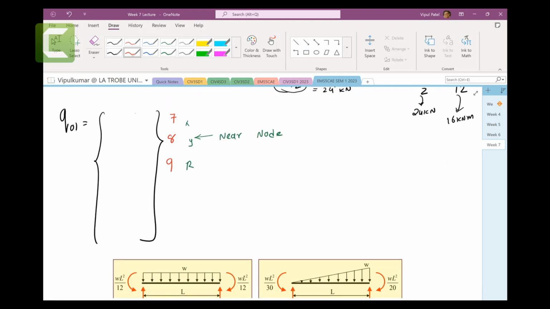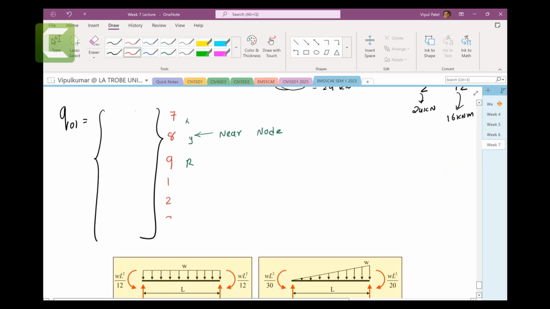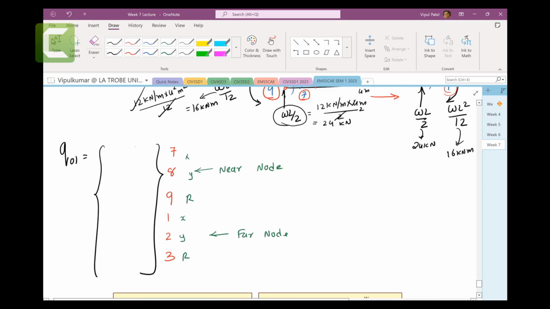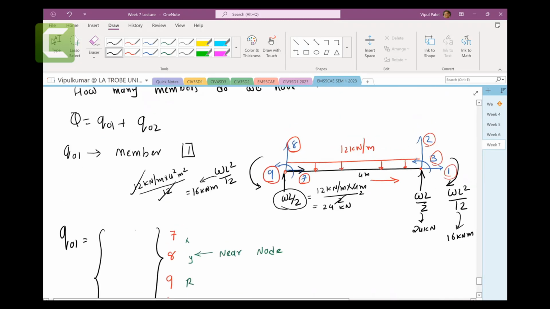Now you can look at the far node. Far node has 1, 2, and 3. So this one is your far node, and for this far node, this is your X, Y, and rotation. Right? So far, so good. Now you can come back here and look at the 7. There is no force going on 7, so that is 0.